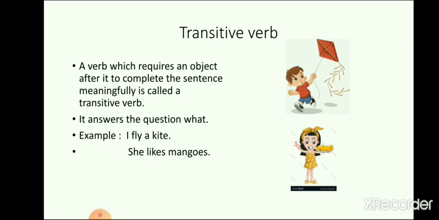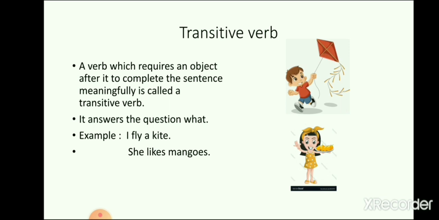A transitive verb means a verb which requires an object after it to complete the sentence meaningfully. The three examples we saw before had a subject, a verb and also an object. Those types of sentences are called transitive sentences, and the verb is called a transitive verb. It also answers the question what.